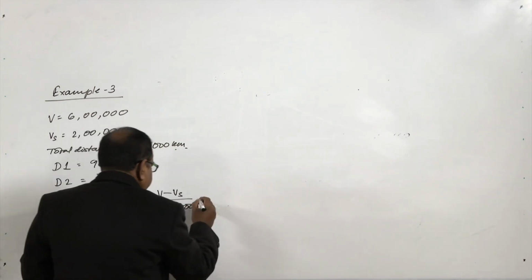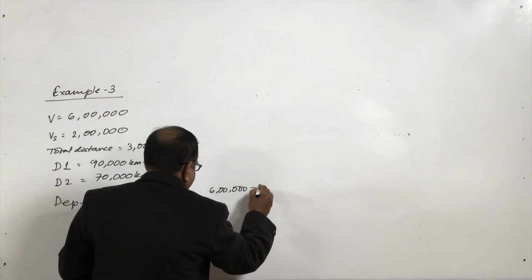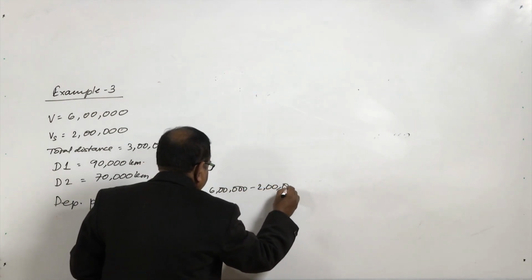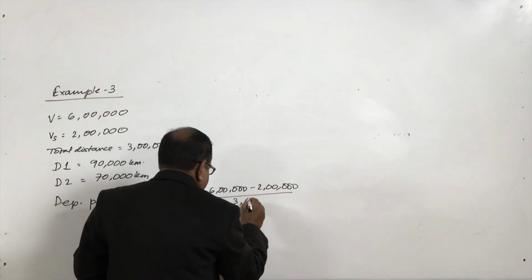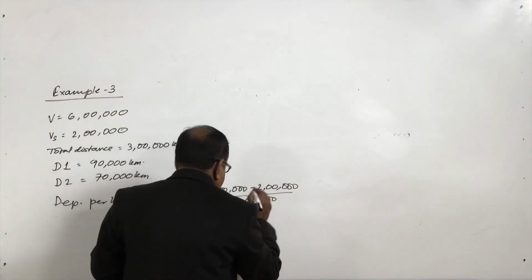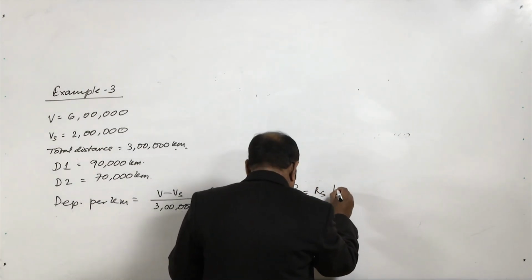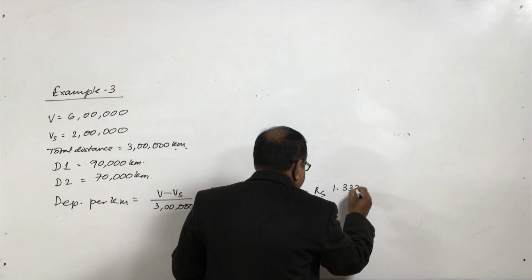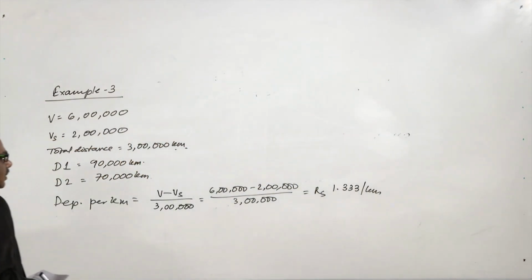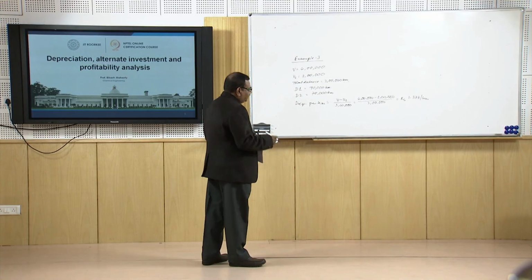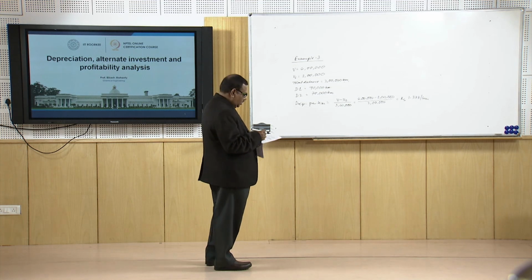This comes out to be 6 lakhs minus 2 lakh divided by 3 lakh. This comes out to be rupees 1.333 per kilometer. So, we see here the unit of depreciation is rupees per kilometer.